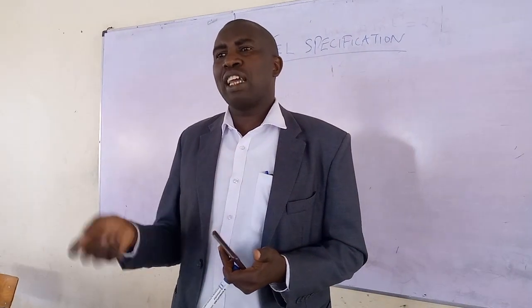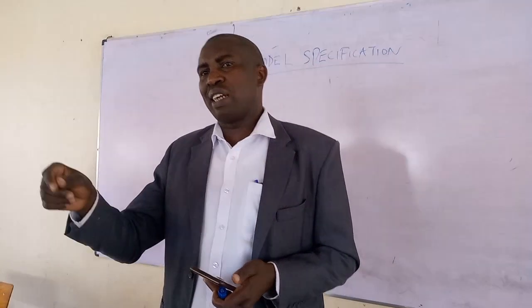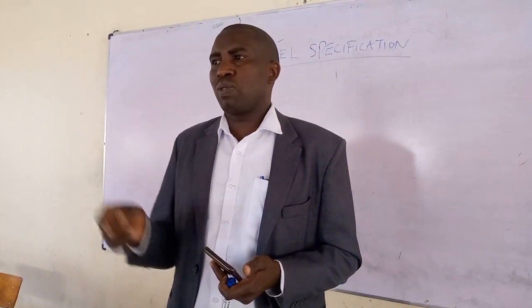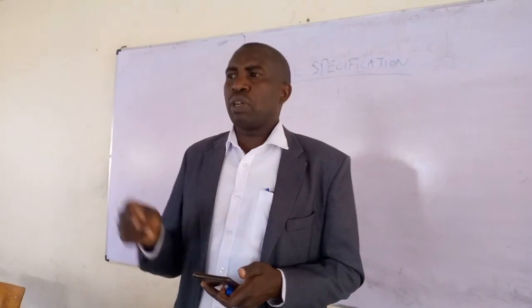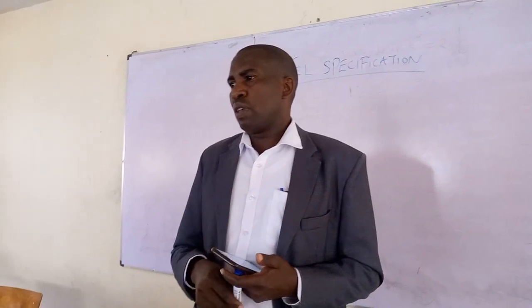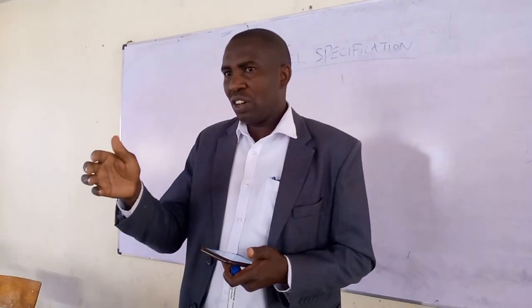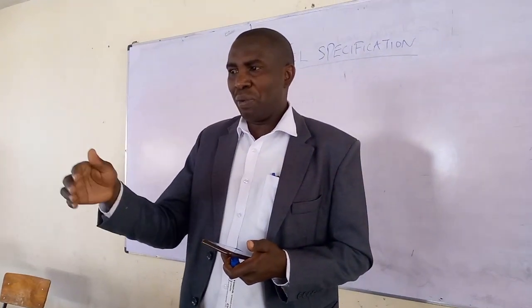Another type of model specification error is if you include an irrelevant variable in the model. So it's the inclusion of an irrelevant variable. It can also lead to the problem of model misspecification. Then another one is if you adopt a wrong functional form. You are supposed to have, for example, a log-linear or log-level model, but you use maybe a level model.